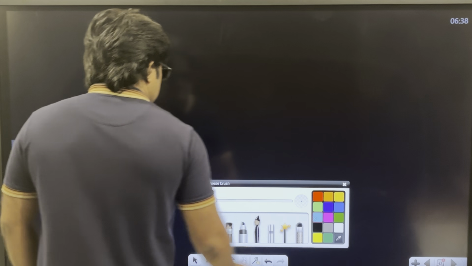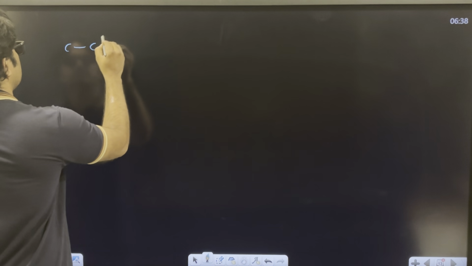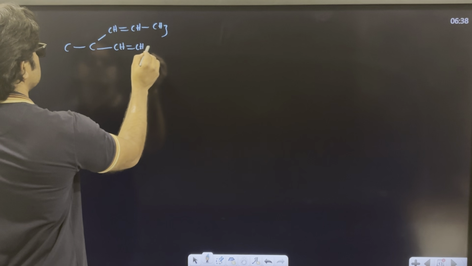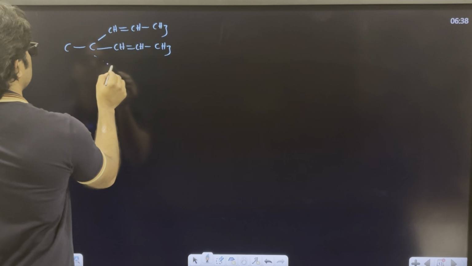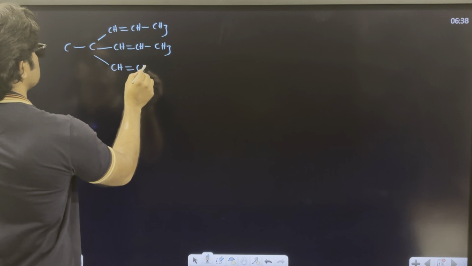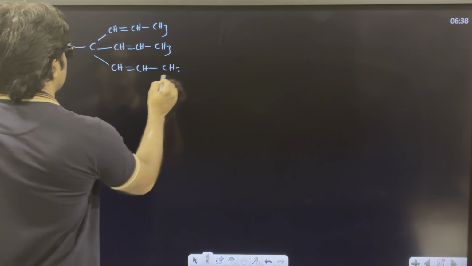Okay, come to another question. For example, here sp3 carbon atoms are given: CH=CH-CH3, CH=CH-CH3, CH=CH-CH3.